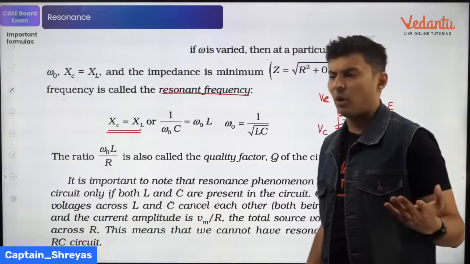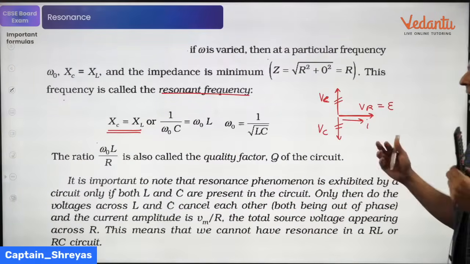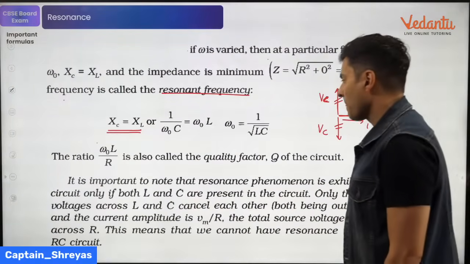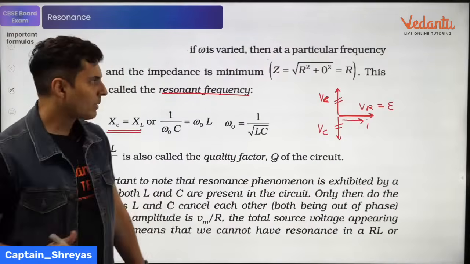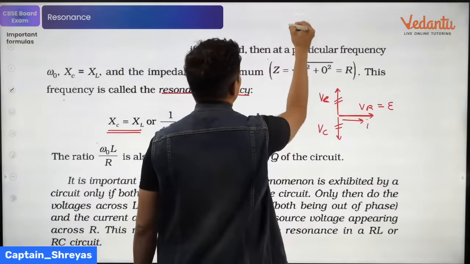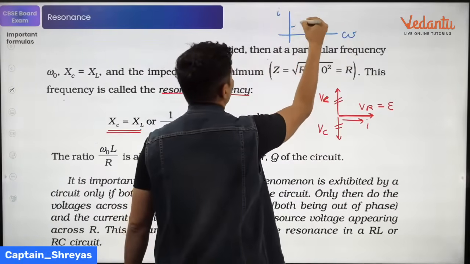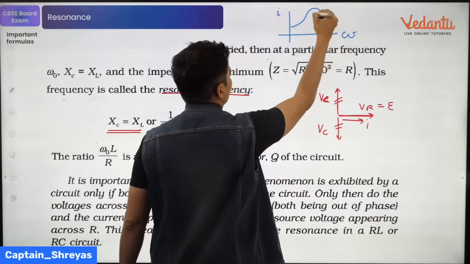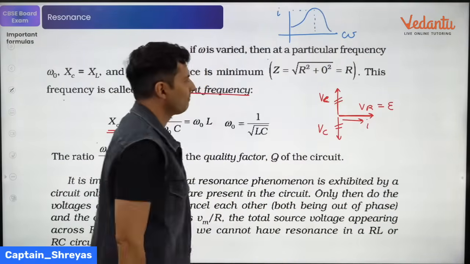These are certain important things which you should know in the case of LCR series circuit. If you draw the graph, it becomes very clear. Here your frequency is there, here current is there. The graph goes like this. Only at a particular frequency the current is maximum.